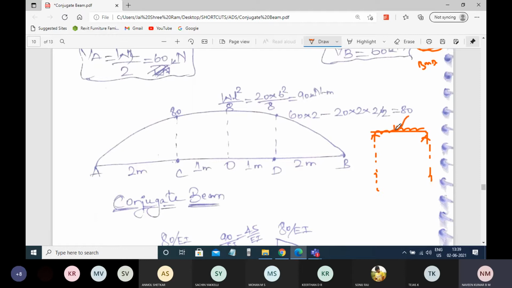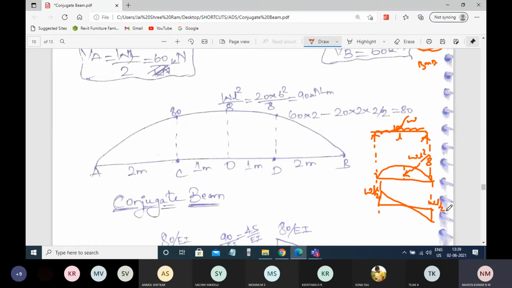If you consider the intensity as W and L as the span, the maximum bending moment will be exactly at the center, equal to WL square by 8. The shear force varies linearly, and the maximum shear force will be WL by 2.